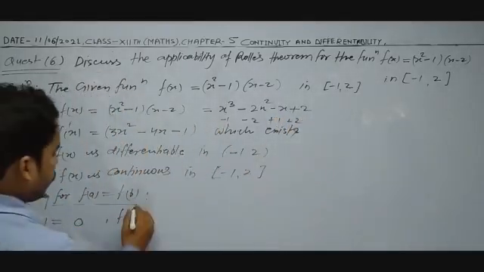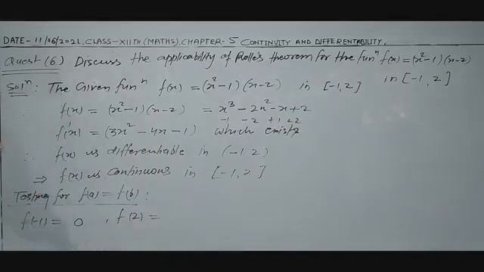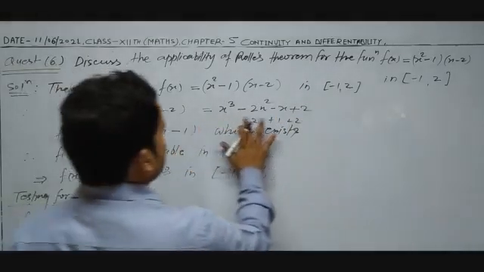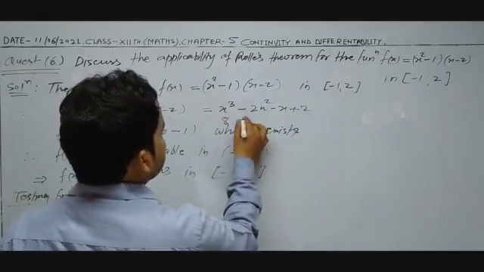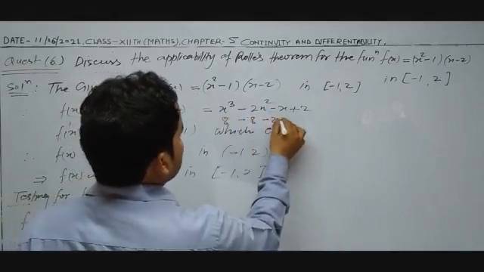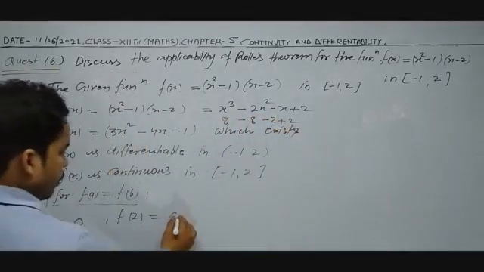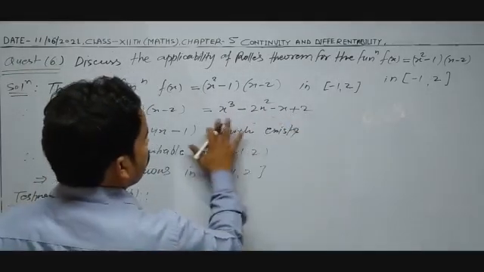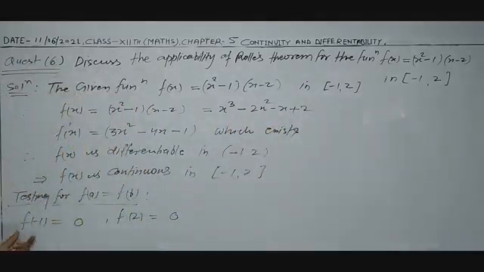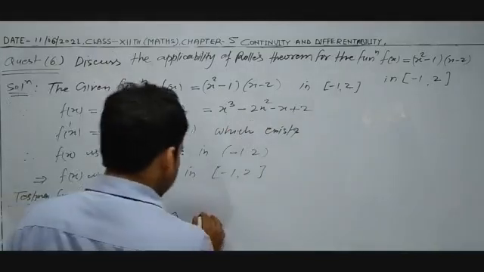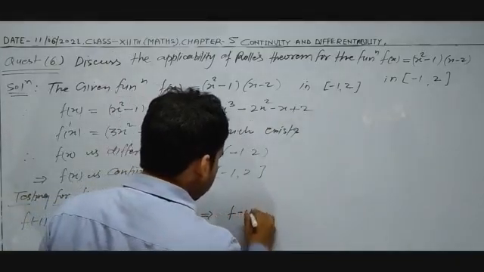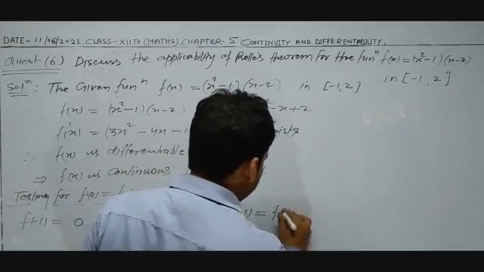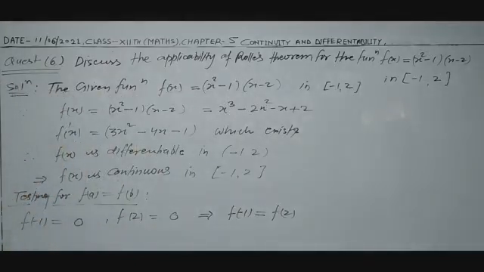Similarly, f(2): the result you will get is 8 − 8 − 2 + 2, similarly 0. So f(−1) = f(2), which means all three conditions are satisfied.